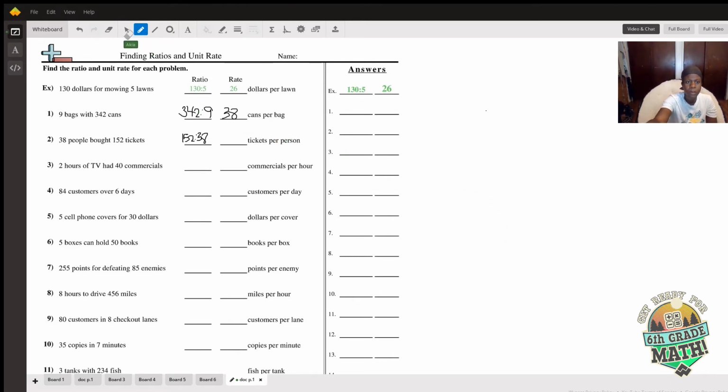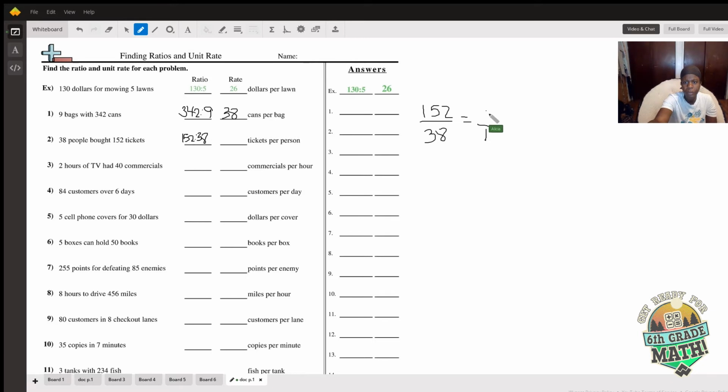Okay, so we set up the proportion, because we were actually doing 2 proportions, 2 ratios when we set up the unit rate. So we have 152 and we're dividing it by 38, and we're setting up the other ratio of how much one person bought from the 152 tickets.